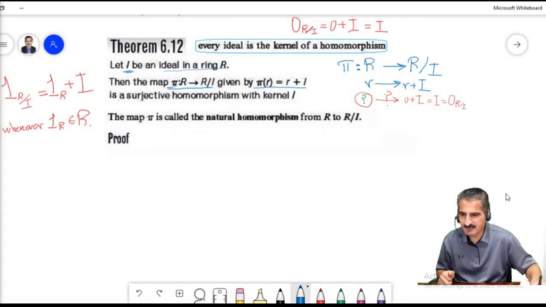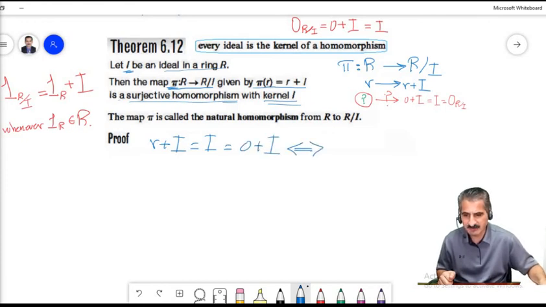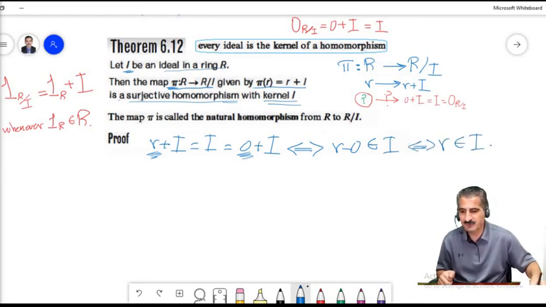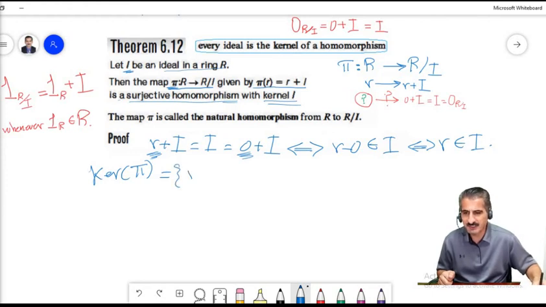So it says pi is a surjective homomorphism with kernel I. So what we want to see here is that r plus I will be the same as I. So let me write in here I, which is 0 plus I, if and only if r plus I is the same as 0 plus I. That means r minus 0 belongs to I. Oops. But that means r belongs to I.